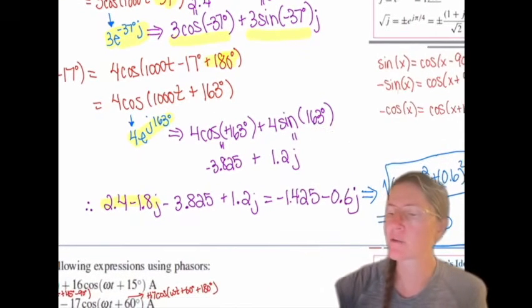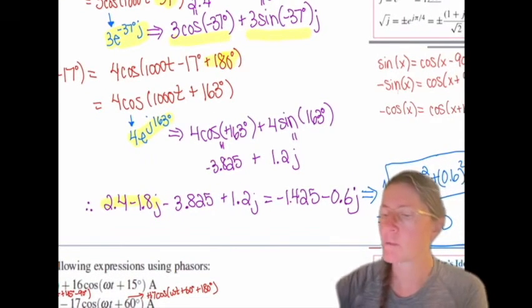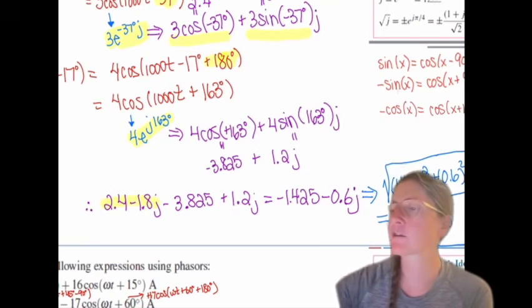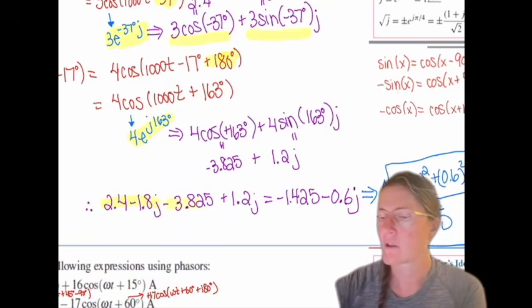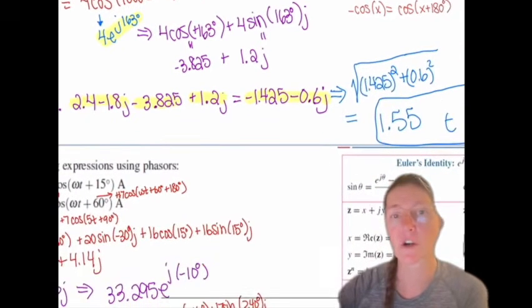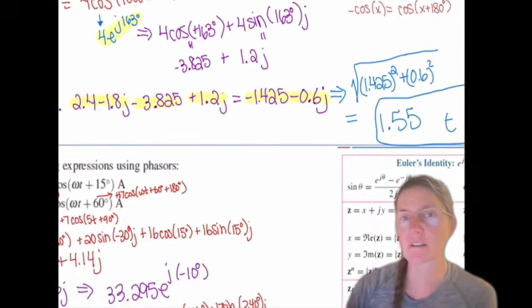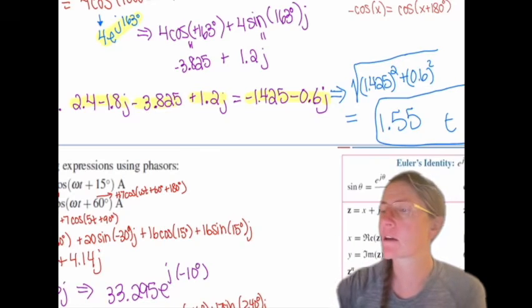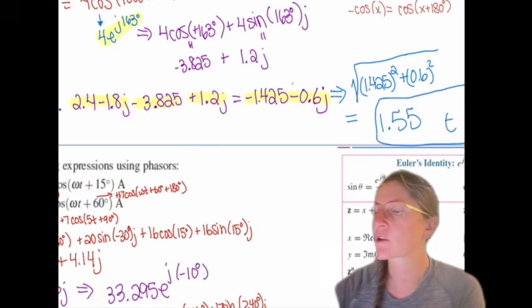And then 4 cosine 163 plus 4 sine 163j, so that becomes a minus 3.825, and then a plus 1.2j. So adding those together, I get the rectangular form, minus 1.425 minus 0.6j, which note is going to be in your quadrant 3.